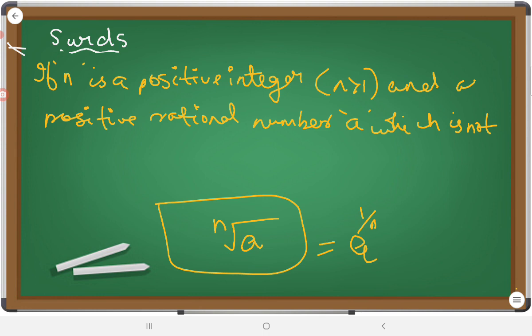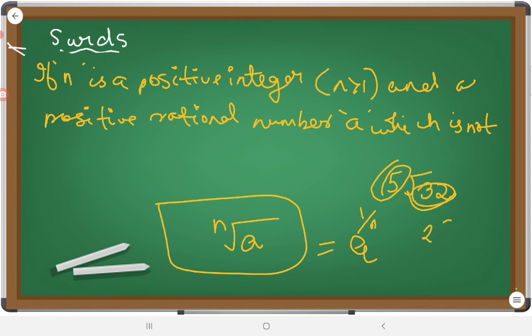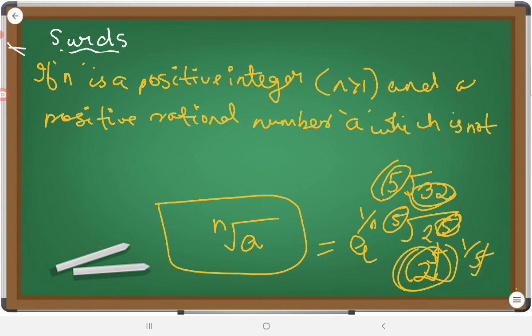That means if you have something like the fifth root of 32, it can be written as 2 power 5, so it is the power of a rational number. Then 2 to the power 5, whole power 1 by 5, the 5s cancel and you get a rational number, which you should not get.